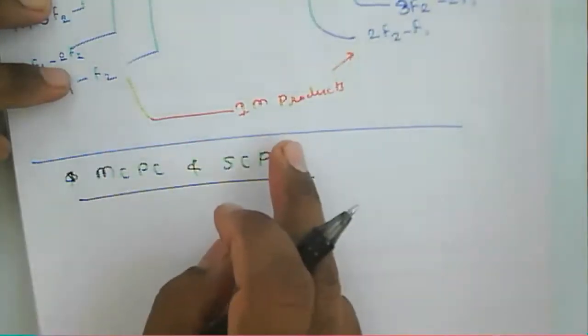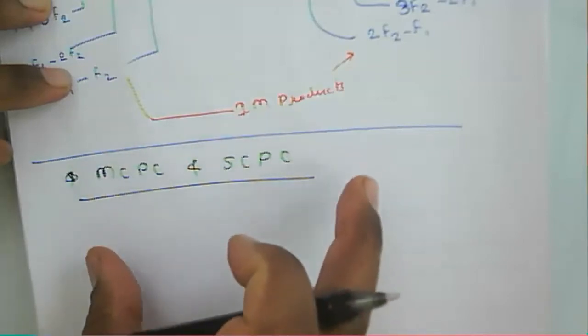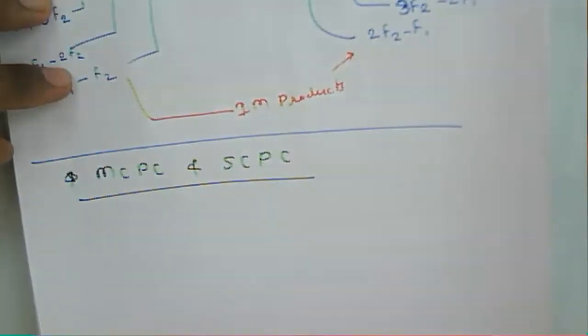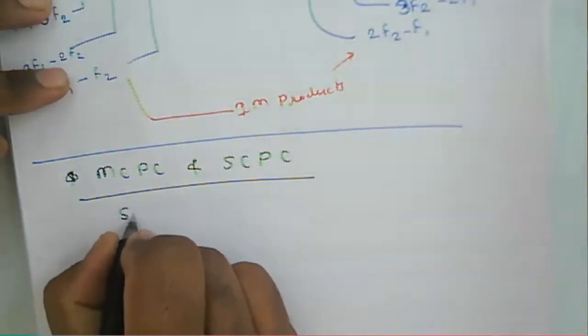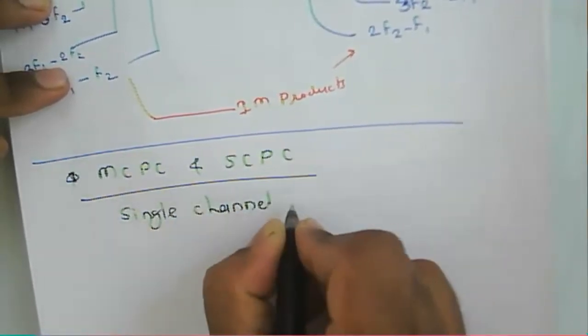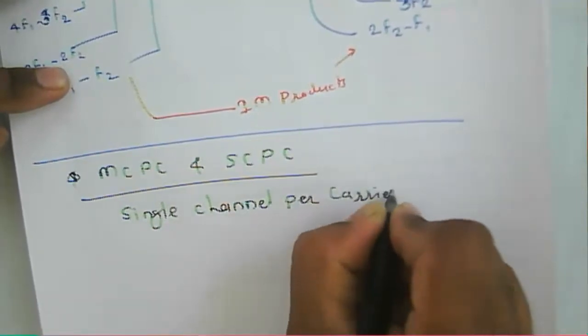If we consider an FDMA system, if each carrier uses a single signal, that is known as single channel per carrier.